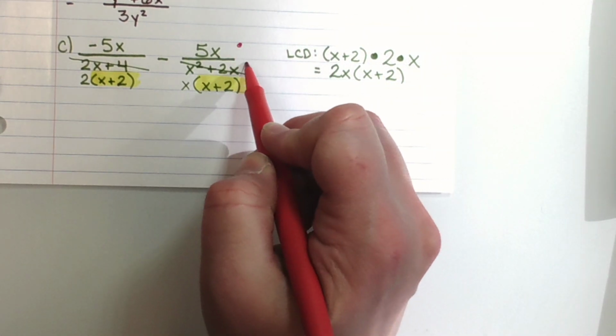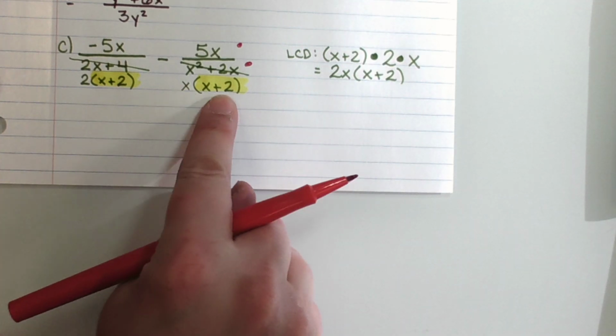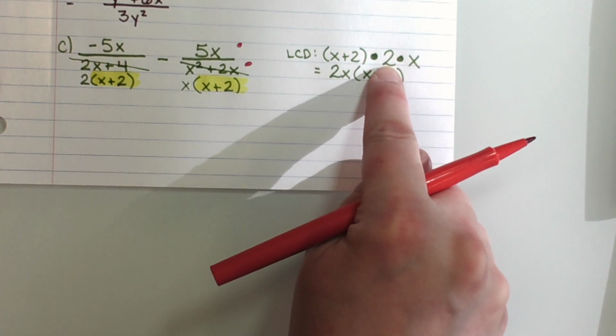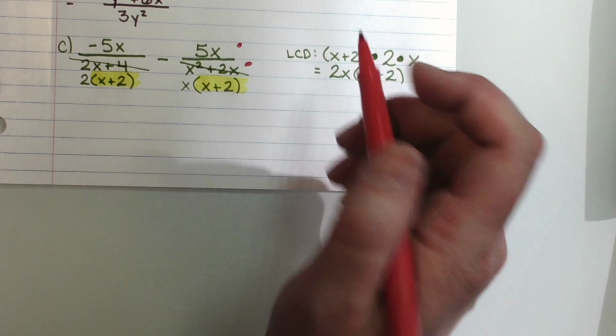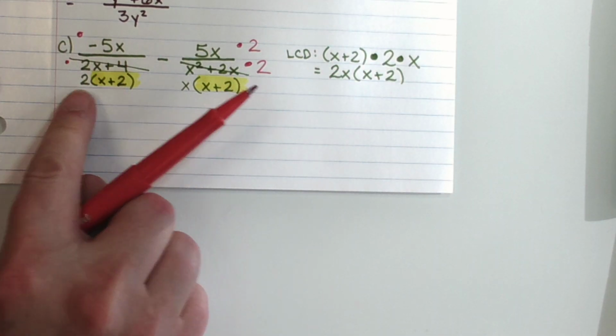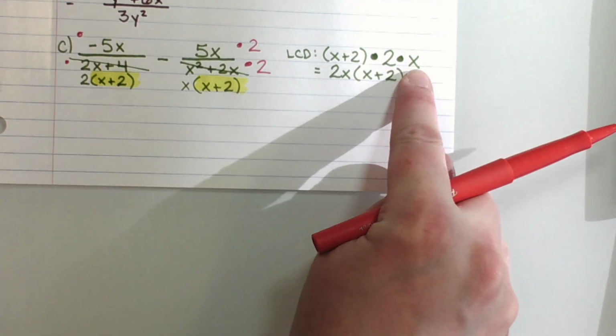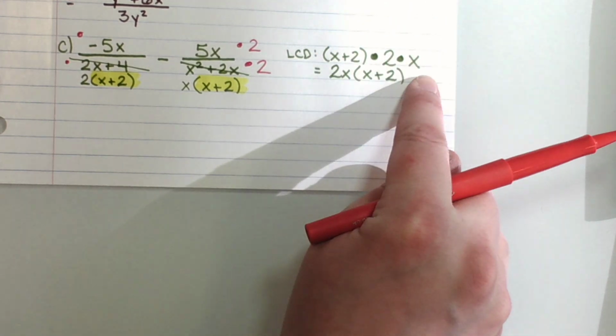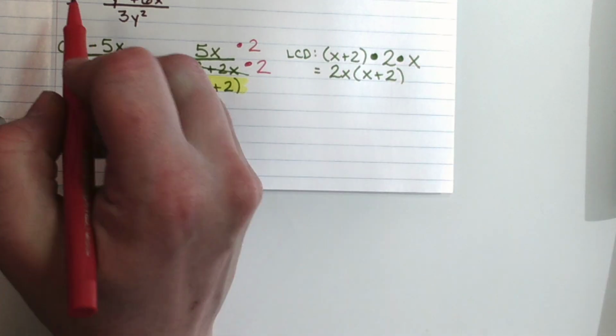I multiply the fractions by what they're missing. Look at that factored form and say, okay, this one's got an x and an x plus 2. There's the x plus 2, there's the x. The piece that was missing was the 2. This one had the 2 in the x plus 2. It's missing the x. I look at the broken down format of the LCD to see what it's missing.